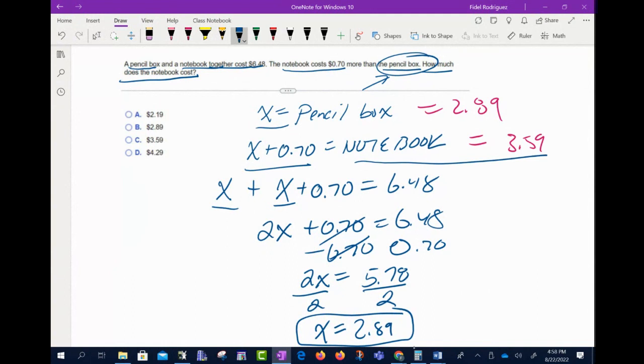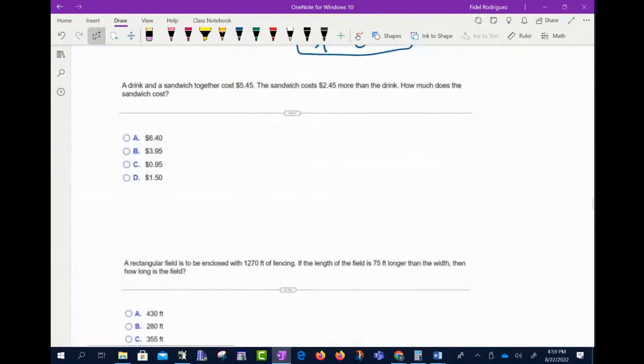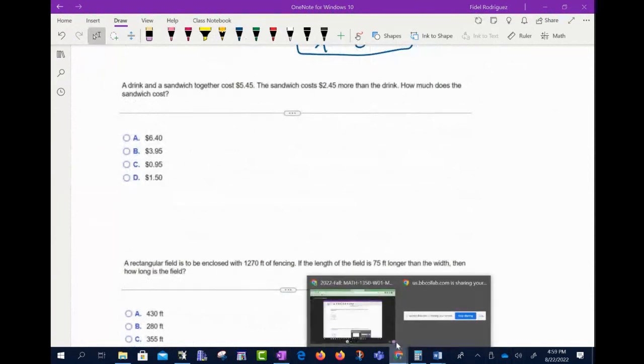Well, look, the notebook costs $3.59. Had I stopped here and looked at my answer, I would have probably marked B without realizing they were actually looking for the other part, right? So you want to be careful in regards to that. Okay. And we're still good here.